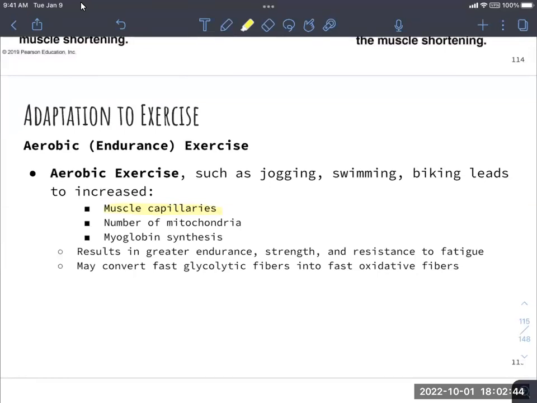We get more mitochondria in those muscles because we need more ways to generate ATP. We need to get as much more ATP for when we're exercising. We get more myoglobin synthesis in our muscles. That helps to kind of store our oxygen. And as we gain more of those, you get more endurance.